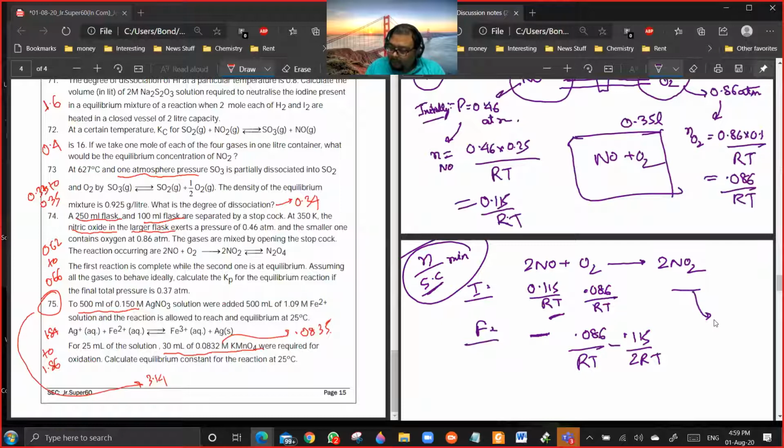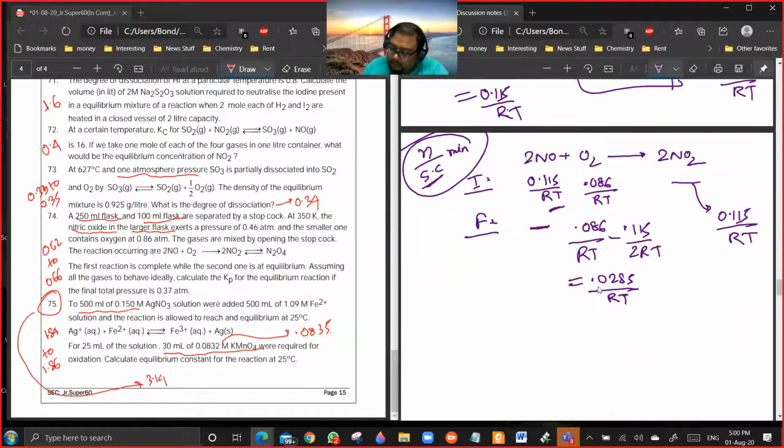The product will be 0.115 by RT. If you do the calculation, it will be 0.086 minus 0.115 divided by 2. Okay, it will be like 0.0285 by RT.